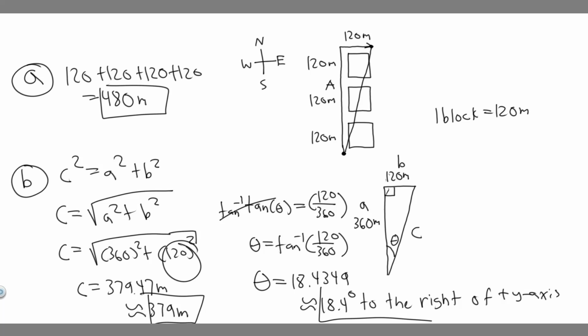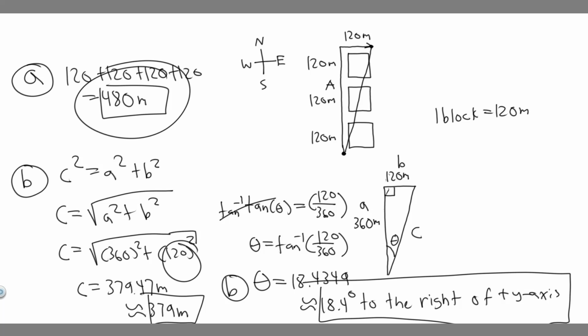So this would be your answer for the direction: 18.4 degrees to the right of the positive y-axis. Your magnitude was 379, so these are going to be your answers to B. And your answer to A was 480 meters. So these are going to be your answers, and hopefully you found this useful.